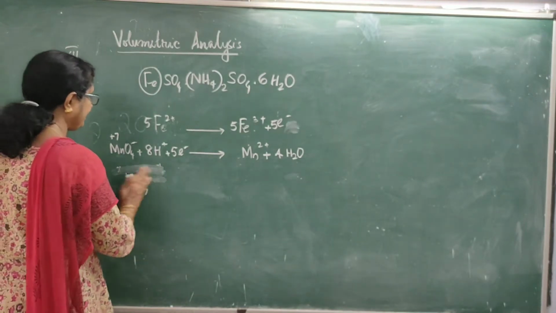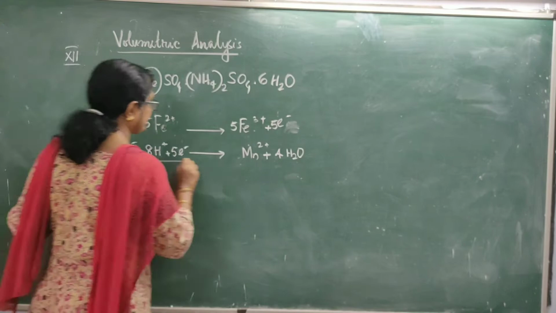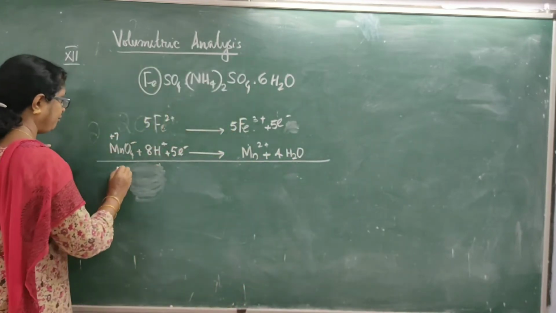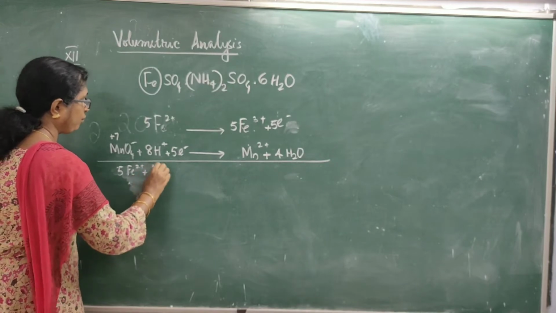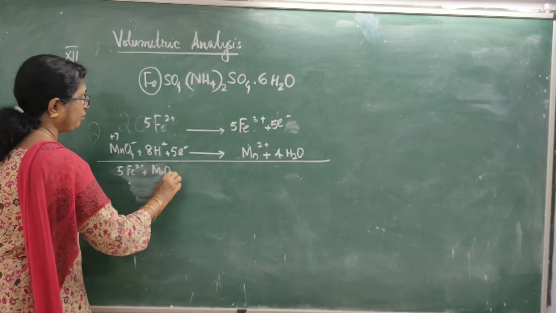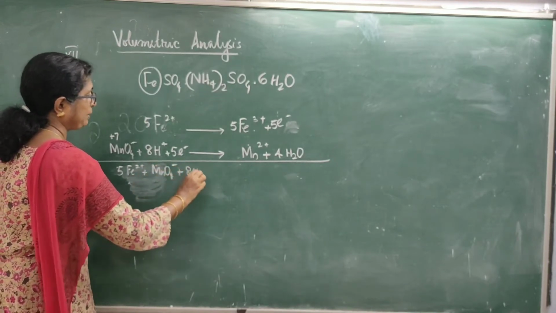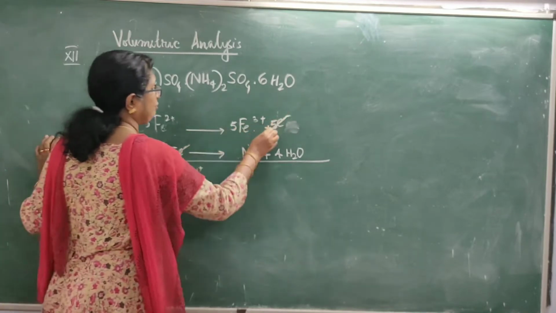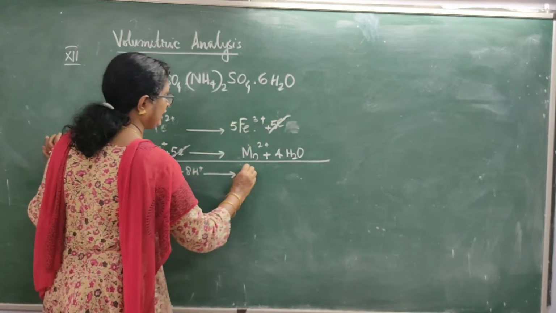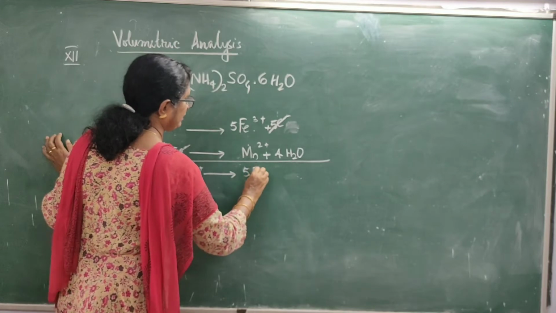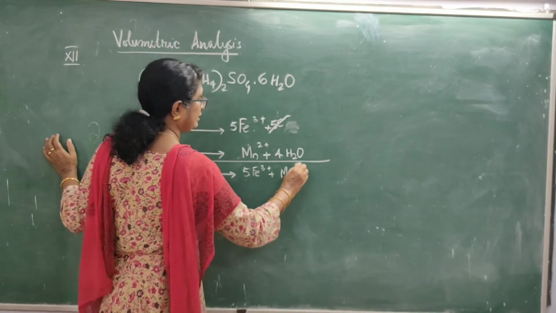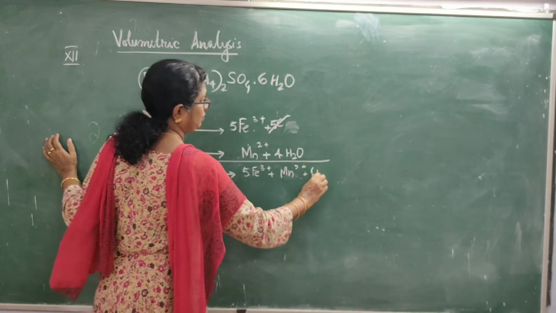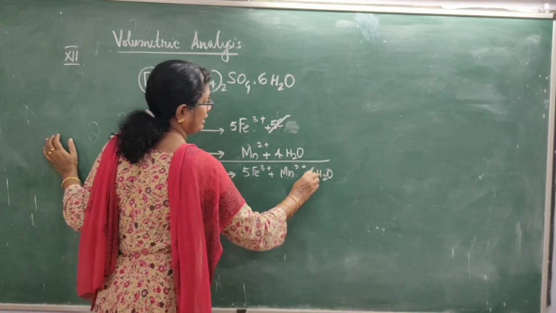Now when you add these, the total reaction is 5 Fe2+ plus MnO4 minus plus 8H+. The 5 electrons on both sides cancel. You get 5 Fe3+ plus Mn2+ plus 4H2O. This is the total reaction.